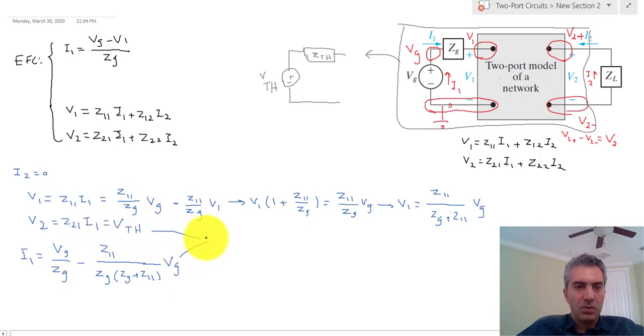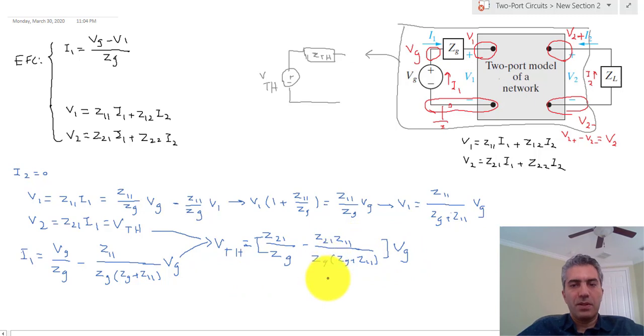From these two, I have Vthevenin equal to (Z21 over Zg minus Z21 Z11 over (Zg plus Z11)) times Vg. That's my Vthevenin.